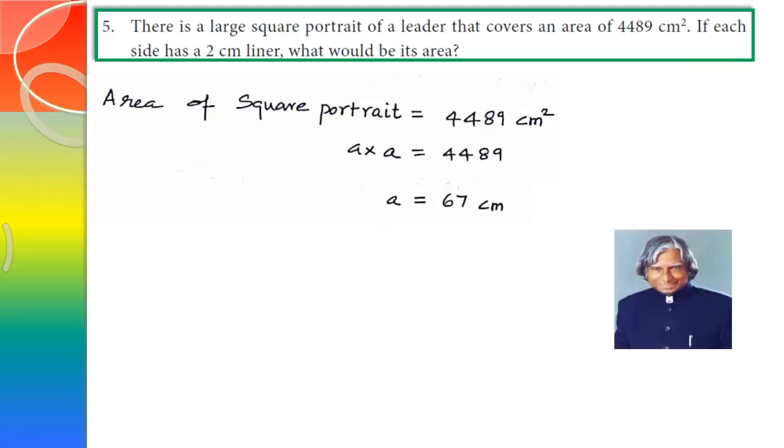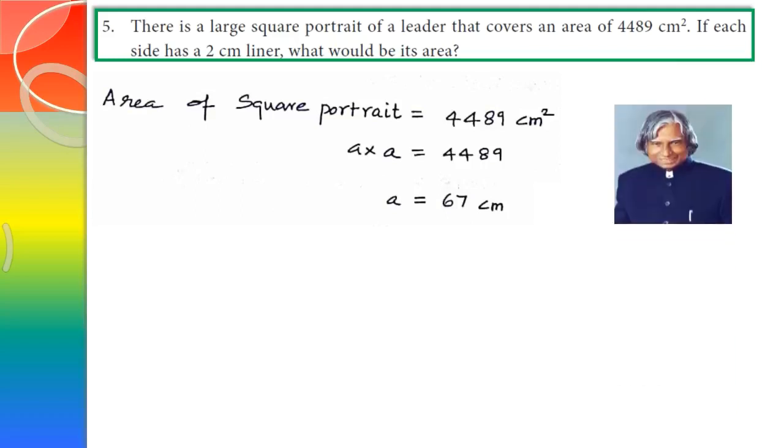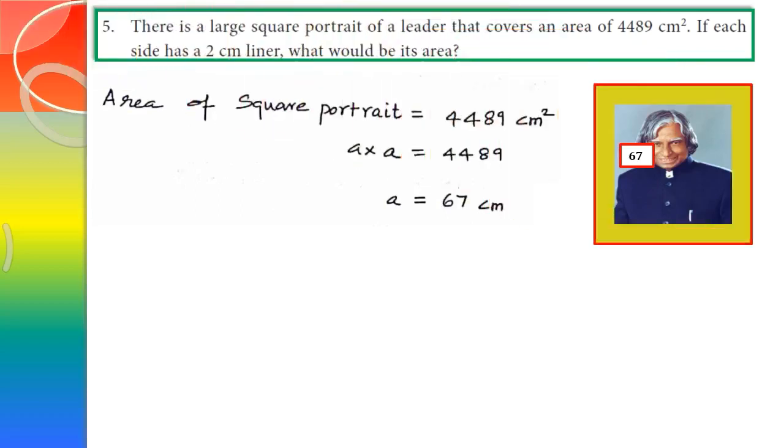Listen to the question. This is a leader's portrait, imagine. The area of the photo is 4489 centimeter square and the side is 67 centimeter. Next, we form a liner. Liner means outside border. That is the liner. Yellow color is the liner, which measures 2 centimeter on both sides.